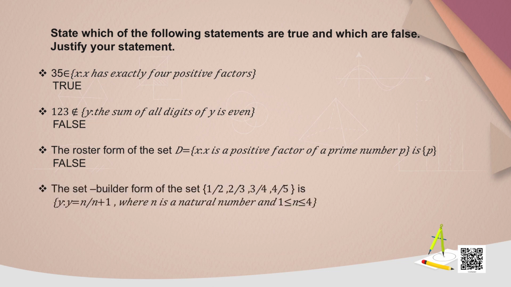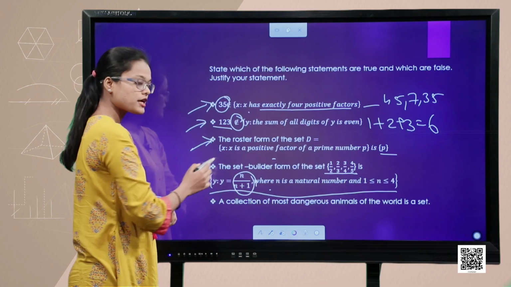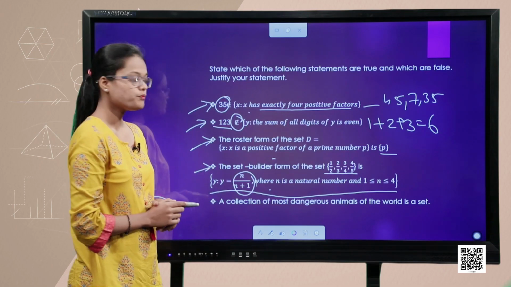See the second last statement. The set builder form of the set is given out to be this. That means we have to see whether all the members of the set satisfy the given property. First we know that the numbers are fractions, so yes, it is written as a fraction.